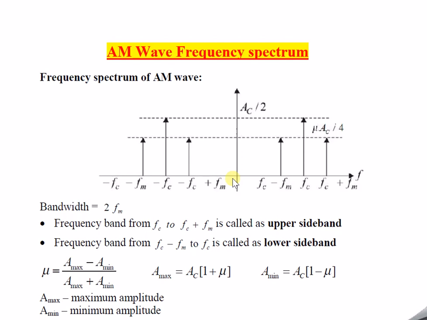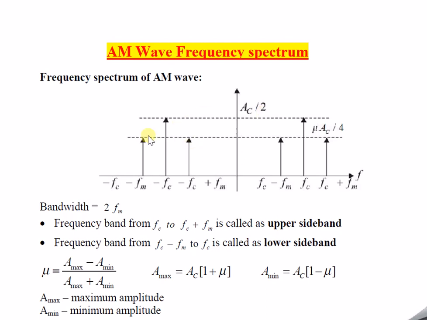An AM wave definitely contains different frequency bands, so various frequencies. What all the frequencies present in the AM wave are represented in this way. So this is nothing but the AM wave frequency spectrum.